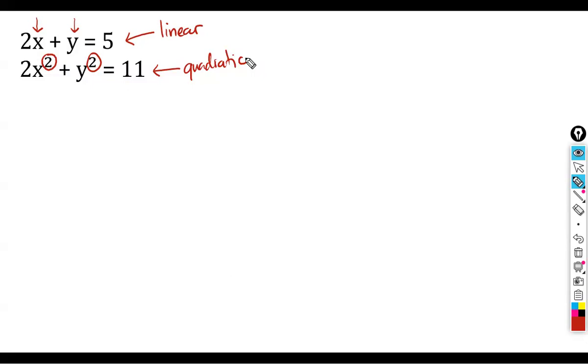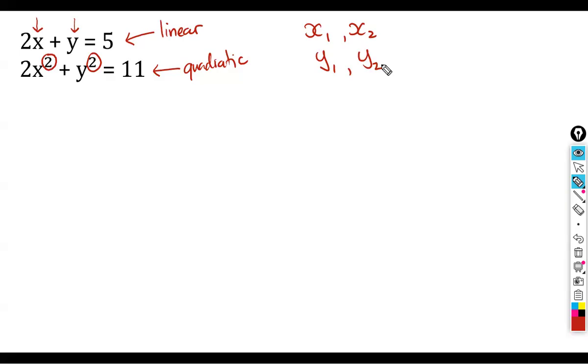Whenever we have a linear quadratic simultaneous equation, we usually get 4 answers. We don't usually get 2 answers. We usually get 2 answers for x, and we get 2 answers for y. So we're going to expect that at the end of the question, we're supposed to get 4 answers, 2 for x and 2 for y, in 99% of the cases.